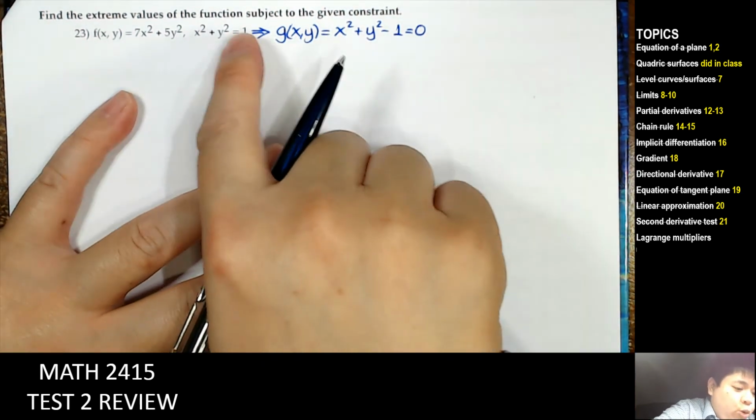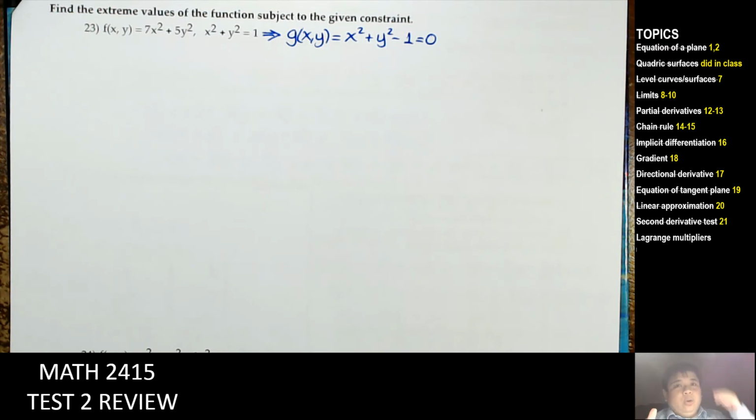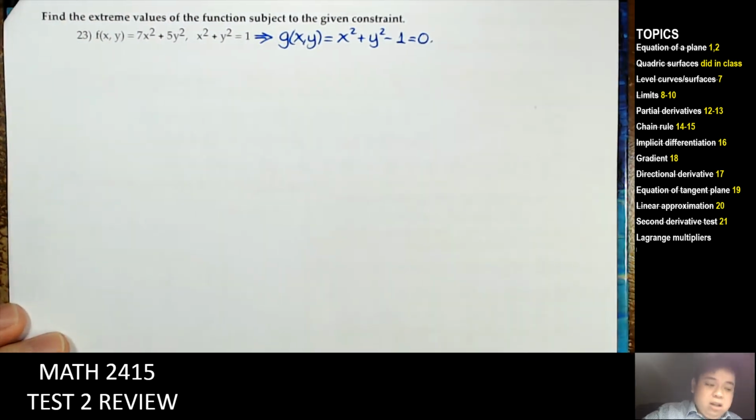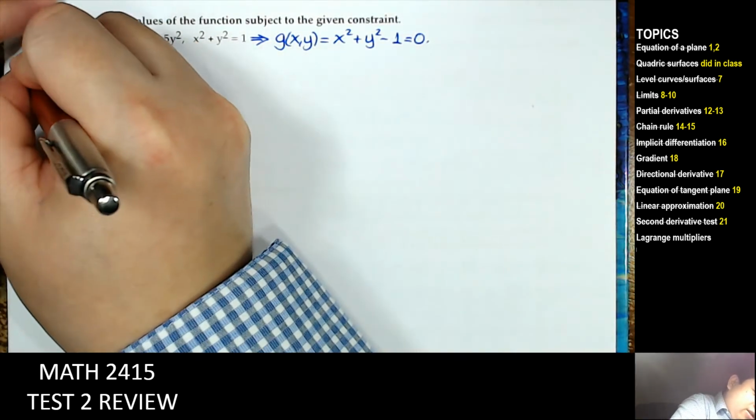Move everything to one side, make that equal to 0, and that is the function g of x, y. Now the method of Lagrange multipliers.